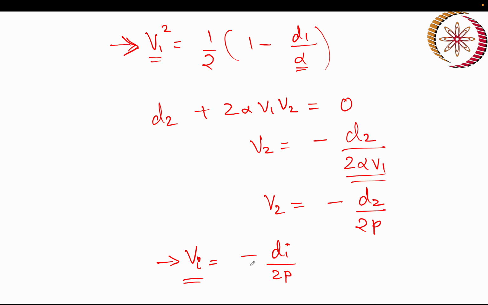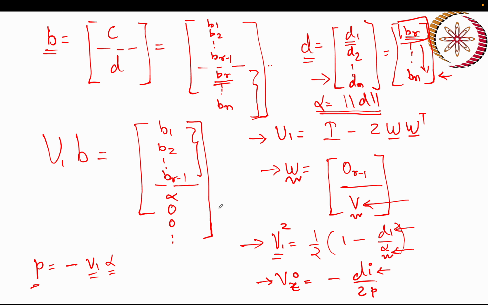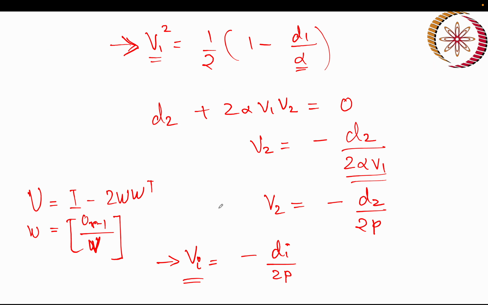That's how we found out this U matrix, I minus 2 w w transpose, where w was 0, of size r minus 1, and then the lower elements were v. That's what this derivation is all dealing with.